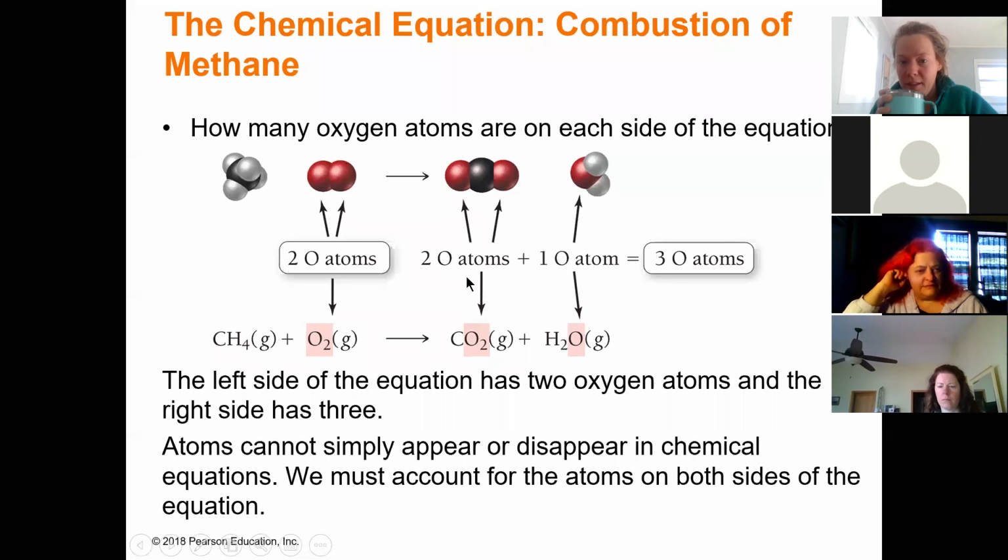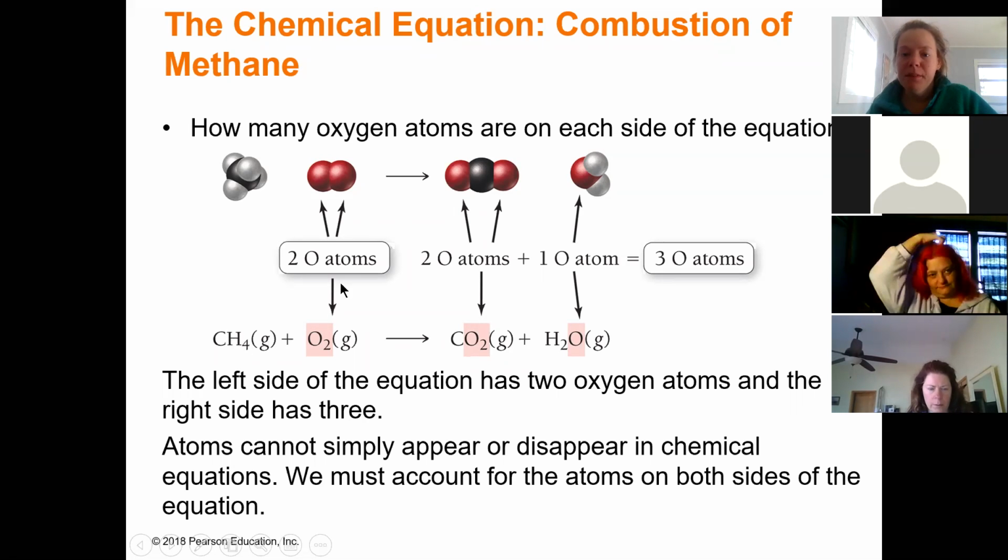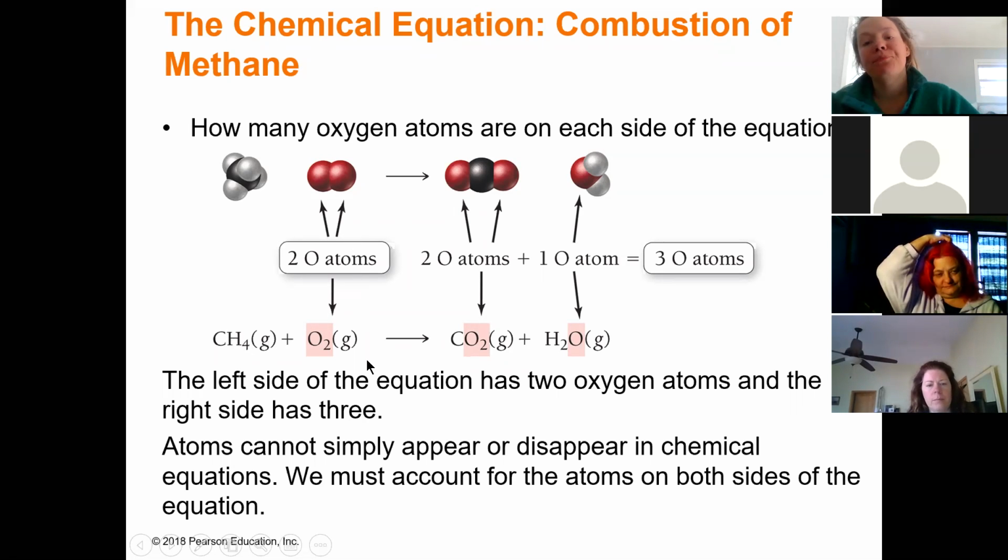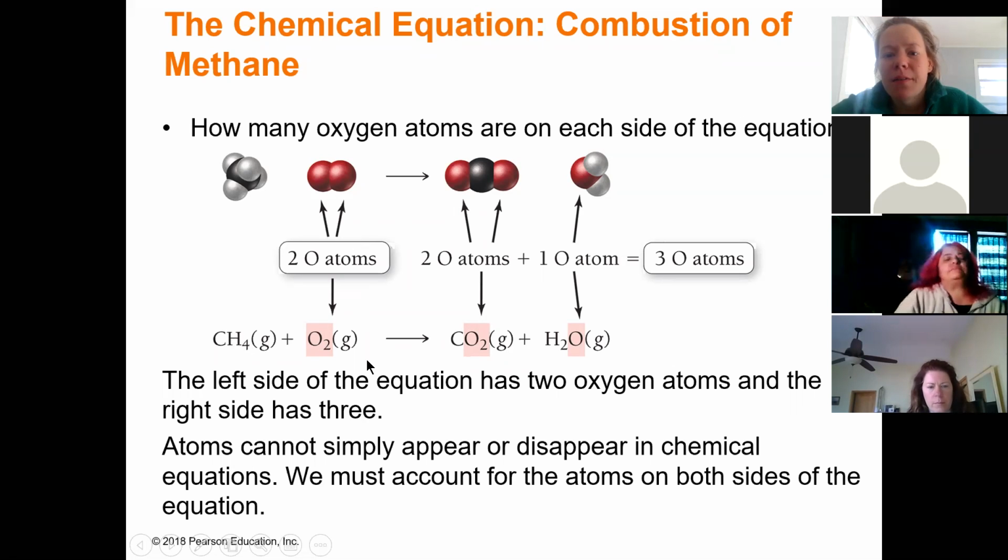So one thing that's going on with this equation, though, is it's not balanced. What does the law of conservation of mass tell us? The law of conservation of mass says that in a chemical reaction, matter isn't created or destroyed. So the number of atoms that you're starting with needs to be equal to the number of atoms that you're ending with. Looking at this equation, I have 2 oxygens that I start with, O2.